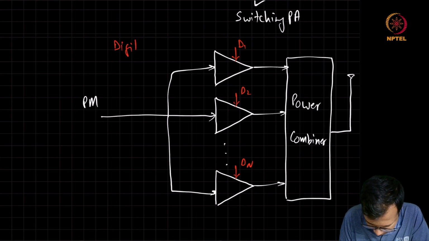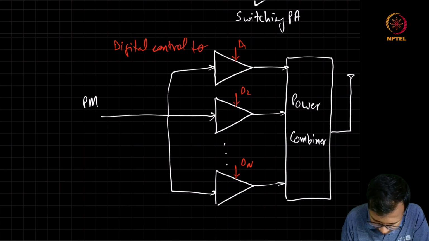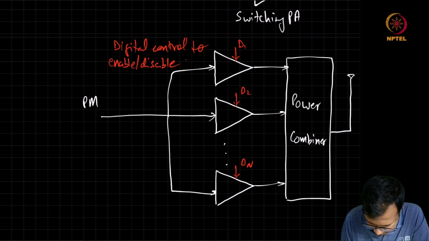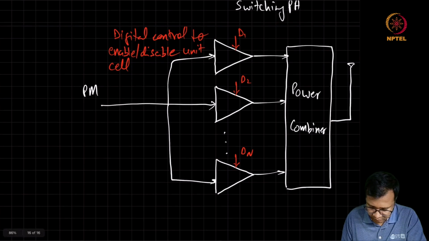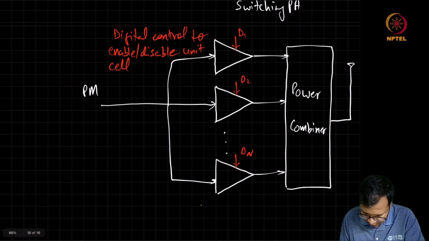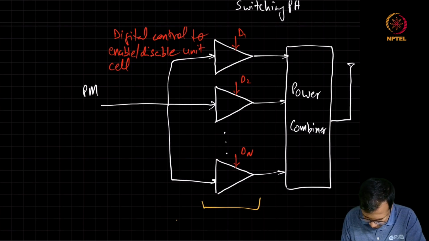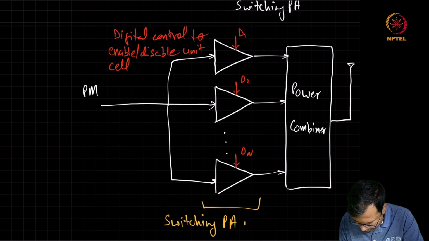Digital control to enable, disable unit cells. So these are switching PA unit cells.